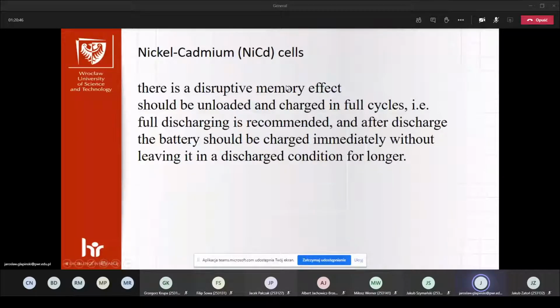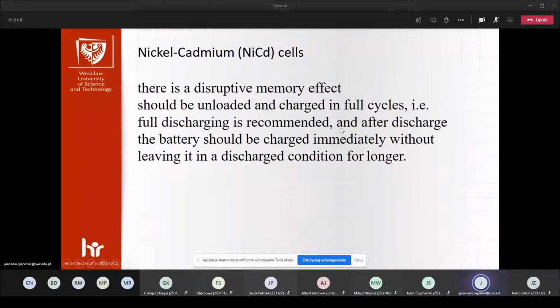But if the memory effect happens, we have to discharge this accumulator to zero. So we fully discharge this accumulator and fully charge, and it should be better. But generally, it's not 100% of the capacity of the accumulator.